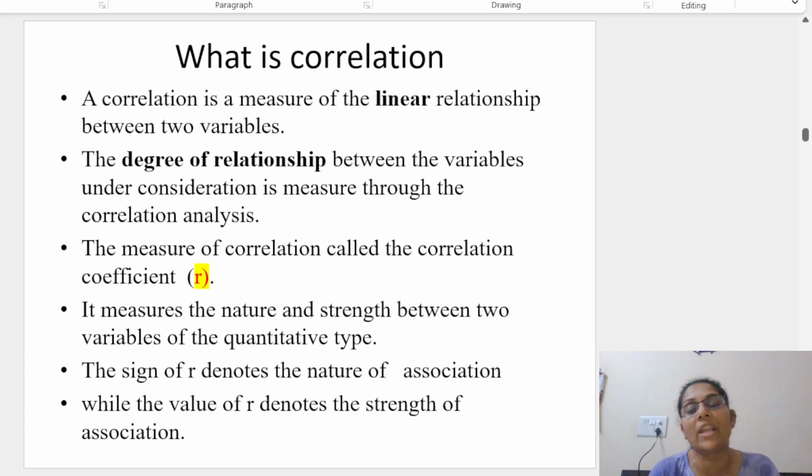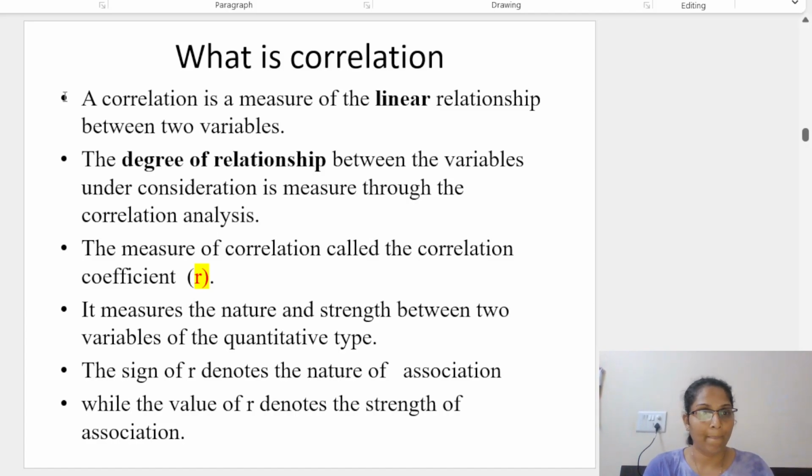But in these two variables, we can't see any cause-effect relation. So whenever there is no cause-effect relationship, we cannot go for correlation, that is Karl Pearson's correlation, right? We should keep in mind that we can calculate correlation only if there is a cause-effect relationship between two variables.